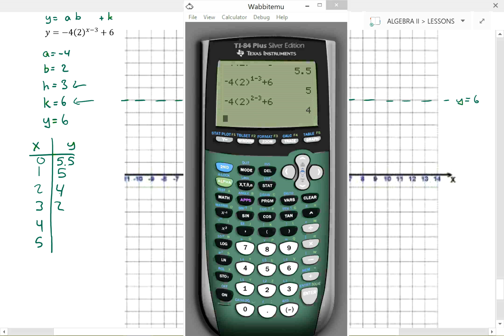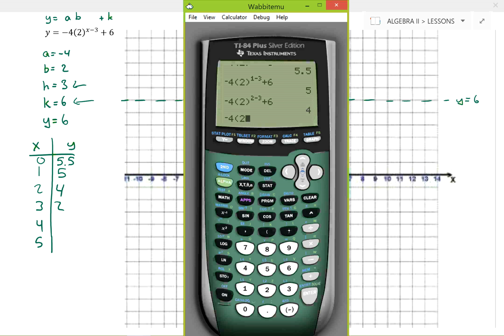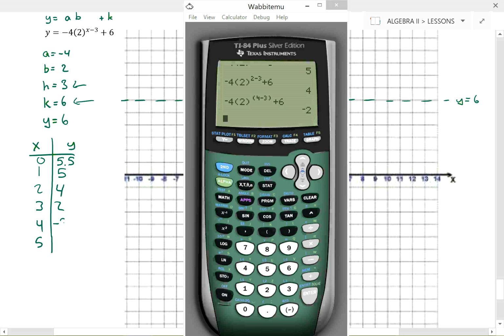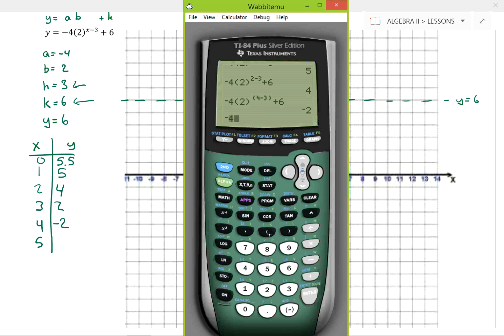Now I'm plugging in 4 for x. That's negative 4 times 2 to the power of 4 minus 3, plus 6. I'm getting a negative 2. And then last but not least, negative 4 times 2 to the power of 5 minus 3, plus 6.